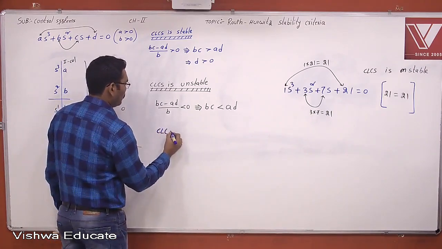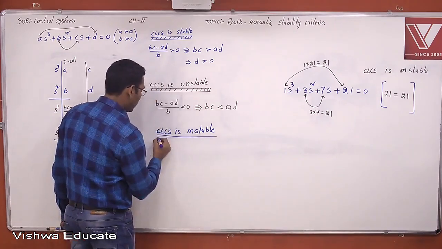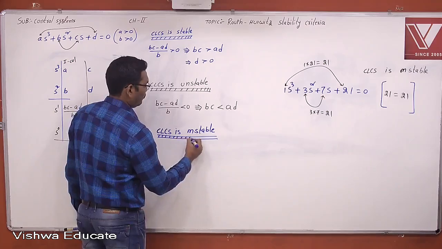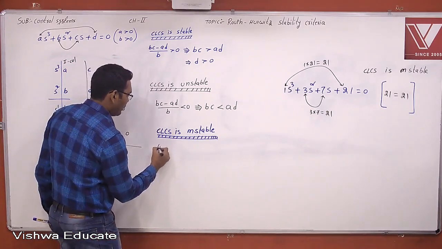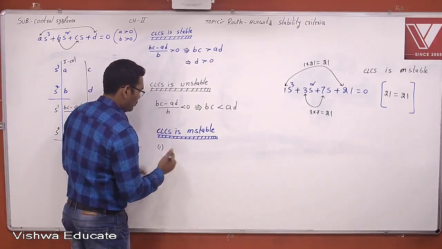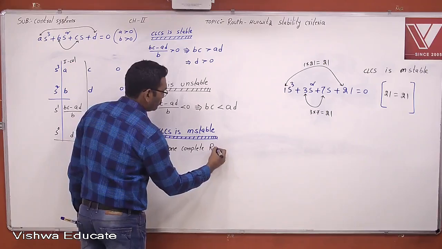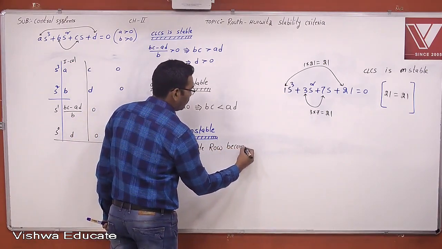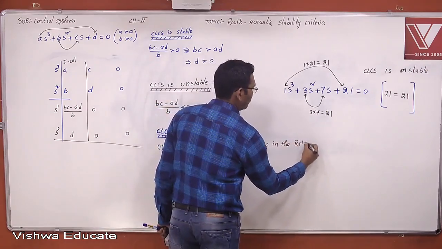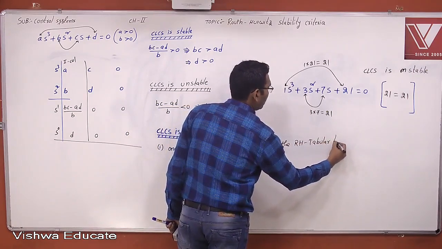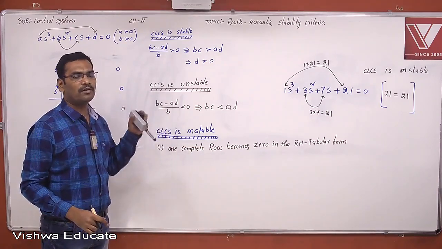If the closed loop control system is marginally stable, then one condition in the tabular form is that one complete row becomes 0 in the RH tabular form, such that the closed loop control system is marginally stable.